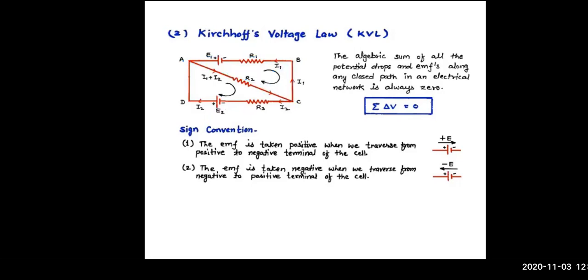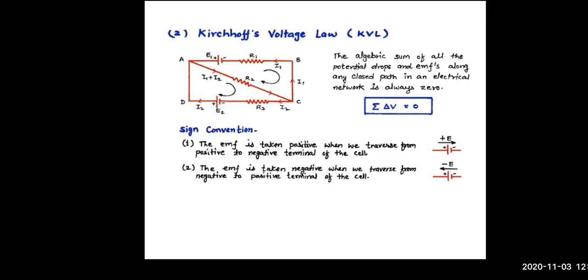So the second loop is D, A, C, D. So we started from D and we are ending at D. D, A, C, D. This is our loop number 2. And let the current in loop number 2 be I2. Right, children? So the current from the cell of EMF E1 is I1, and the current from the cell with EMF E2 is I2.